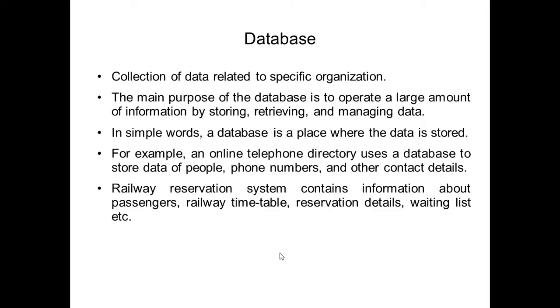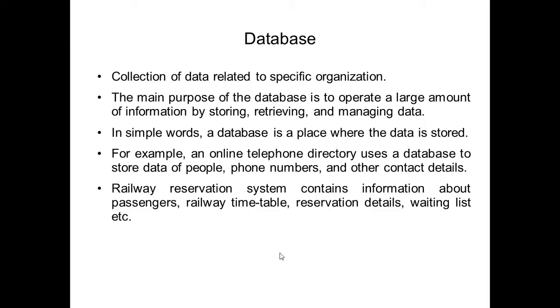So all these operations are performed under the database. In simple words, we can say that a database is a place where the data is stored. We have already seen what is data, but that data is stored at a particular location, at a particular place, and that place is nothing but the database.